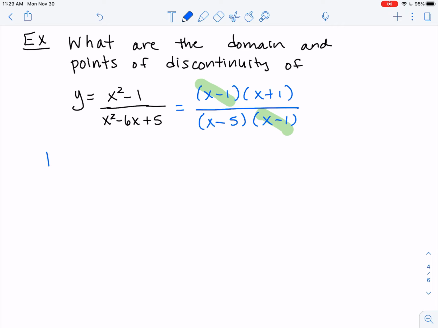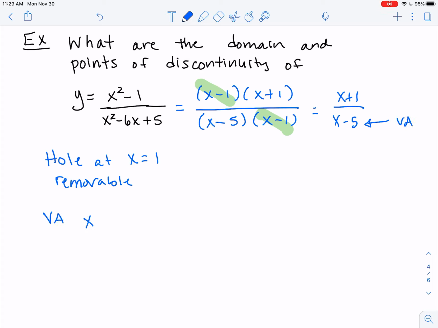That tells me that I have a hole at x equals 1. That is removable. That is a removable point of discontinuity. Okay? So when I simplify this, I get x plus 1 over x minus 5. All right, well, that tells me right here that's going to be a vertical asymptote. I have a vertical asymptote at x equals 5 because that's what makes the denominator 0.